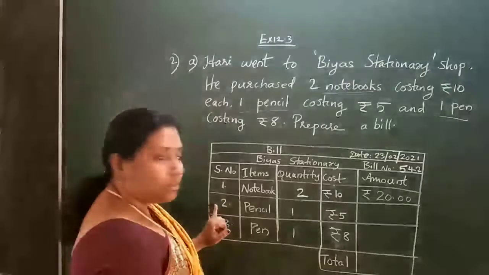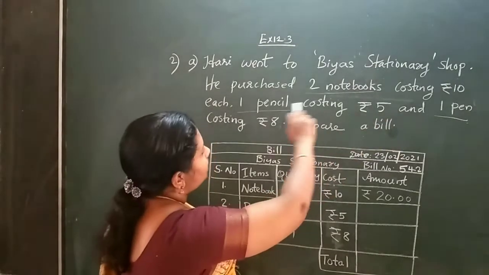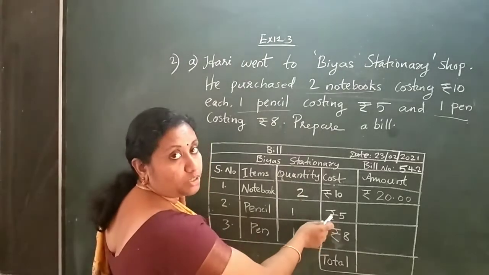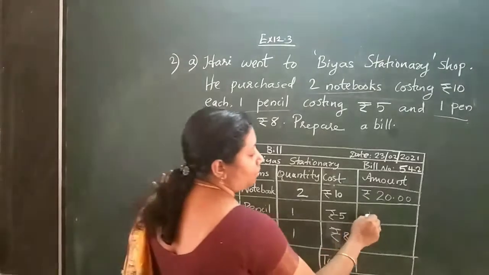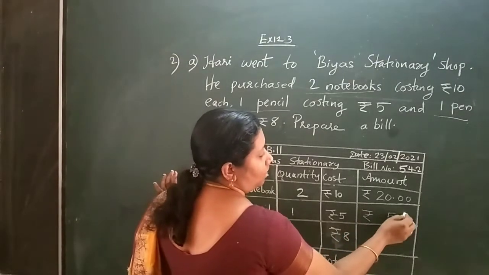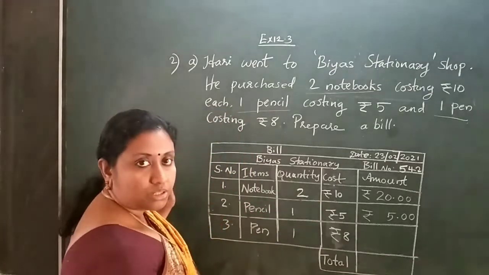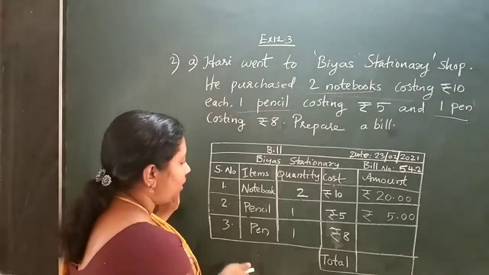Then your second item, that is pencil. How many pencils? 1 pencil. Then what is the cost of each pencil? 5 rupees. Here is only one item. So what is the amount here? 5 into 1 is 5. Here also no decimal part, no paise. So you just write 5, or simply write 5, that is also correct.